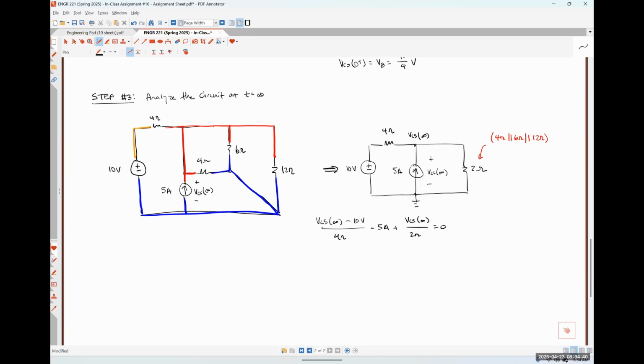Calculator's taking a moment to think about it, and I get VCS at infinity is equal to 10 volts.